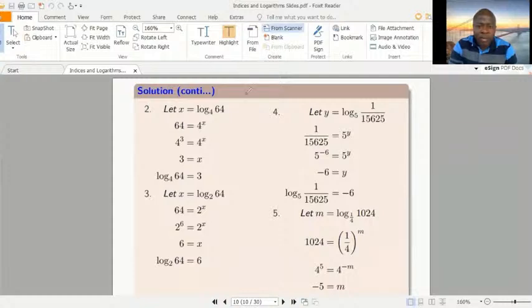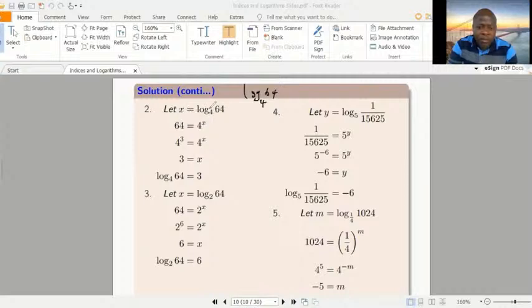The other one was log of 64 to base 4. Let's go. So again, I just say let it be x because I don't know what it is. Let it be x. And then notice that this is logarithmic form.